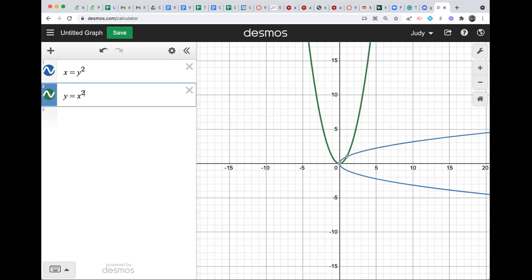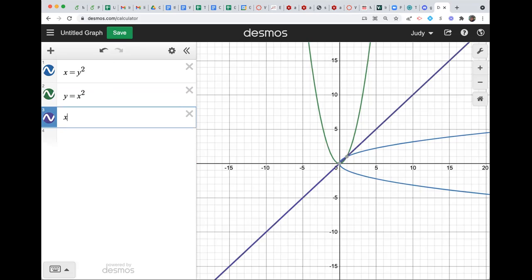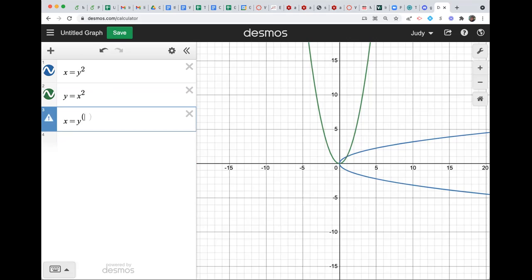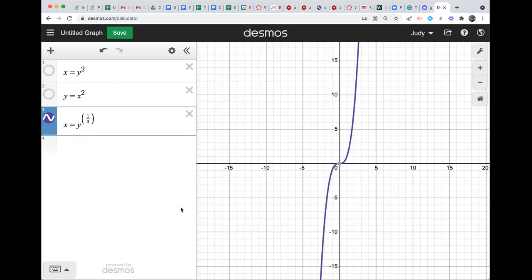Why is the green parabola a function, but the blue one is not? Oh, okay. Is this a function? Why?